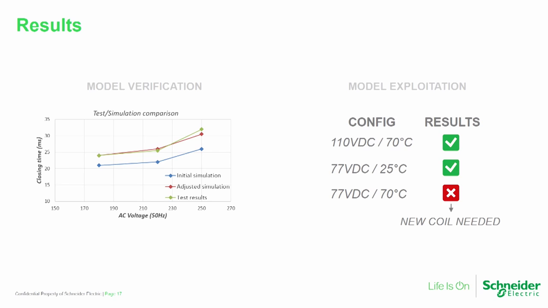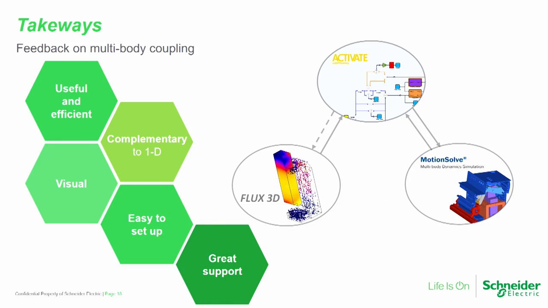So that enlightened the situation, and he decided not to use this product for this project. But we are very happy because this simulation tool allowed us to provide the solution in a short amount of time. So that's pretty much it.